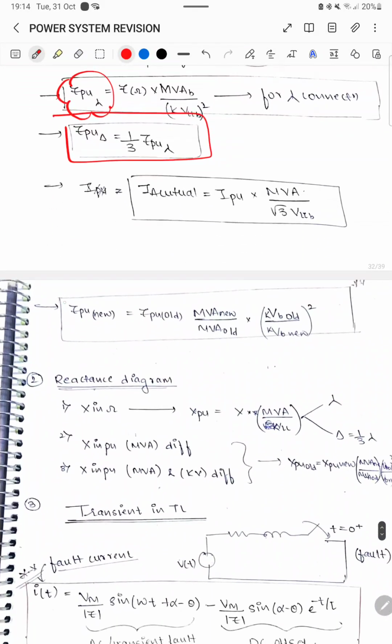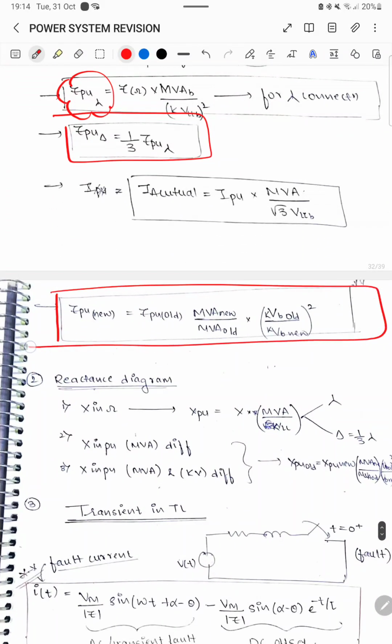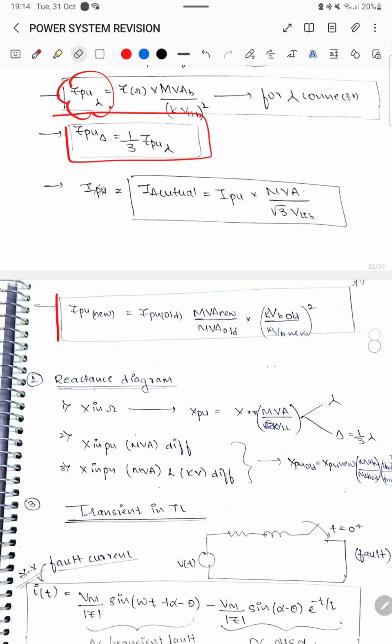Now there is one conversion formula for when MVA bases are different or voltage bases are different. Z per unit new is Z per unit old into MVA new by MVA old into VB old upon VB new whole square.